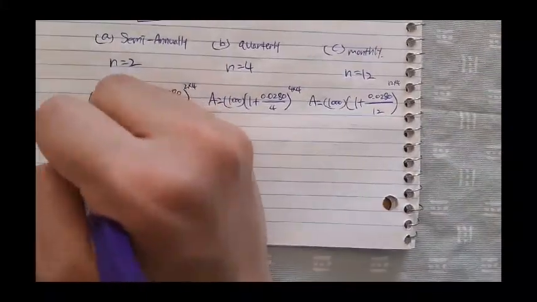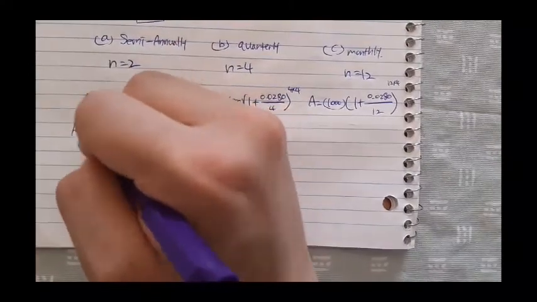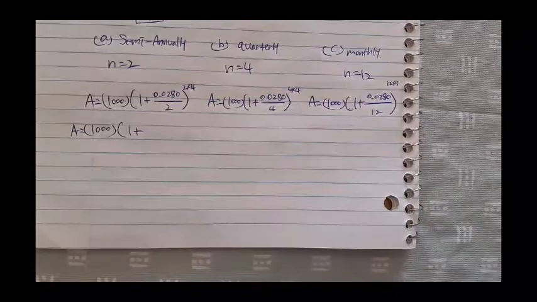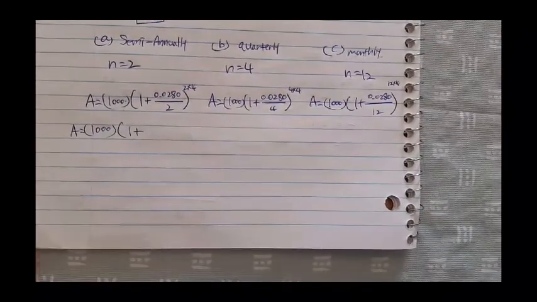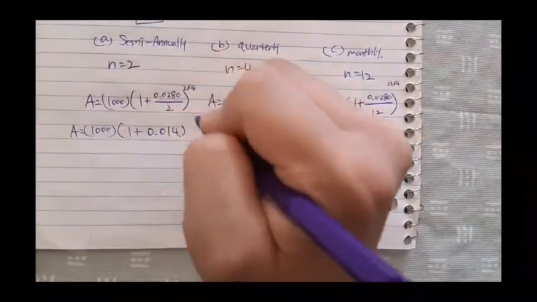Let's simplify things a little bit. I'm going to solve semi-annually first. 1,000 times 1 plus 0.0280 divided by 2, which is basically 0.014, to the power of 4 times 2, that's 8.